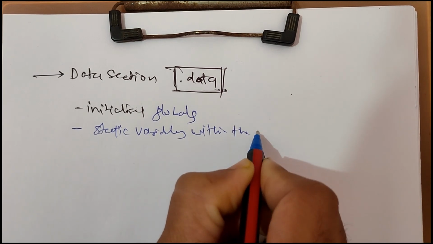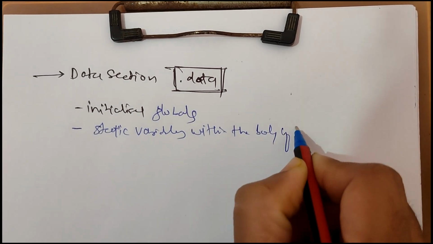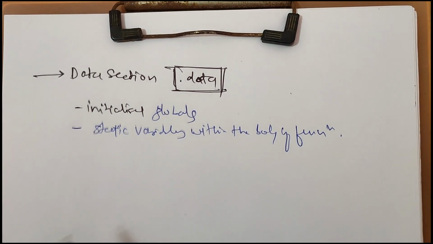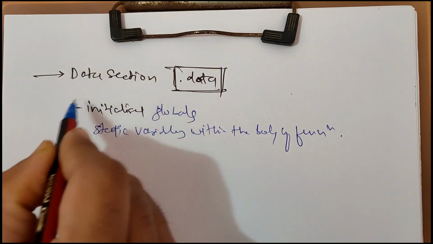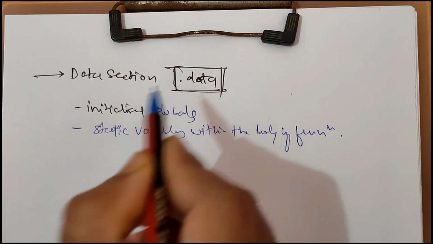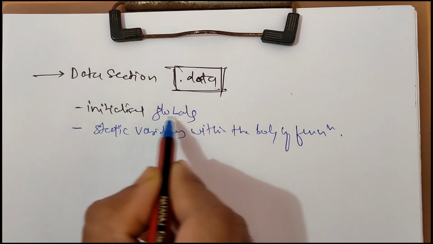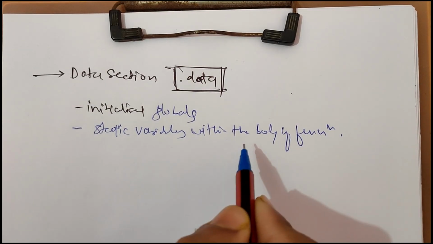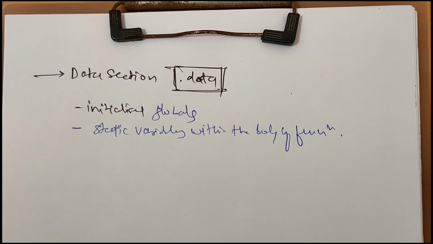By standard definition, these two only go in the dot data section: initialized globals and static variables within the body of a function.